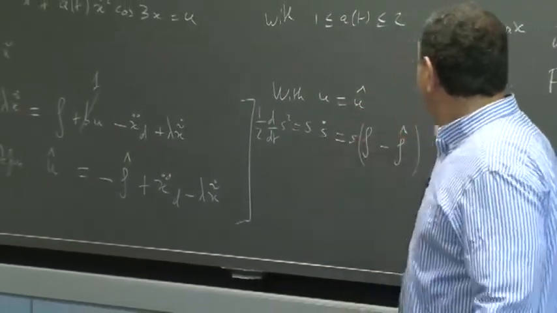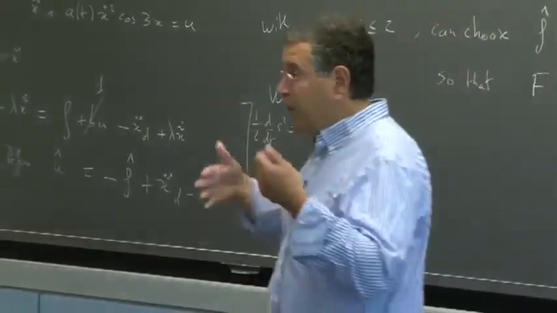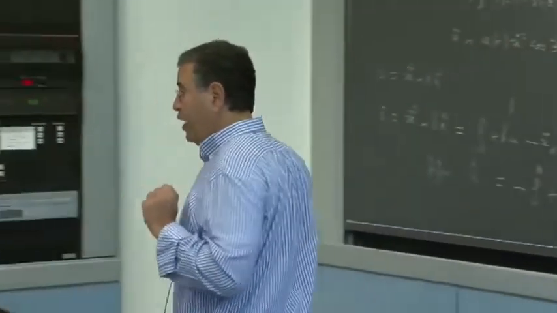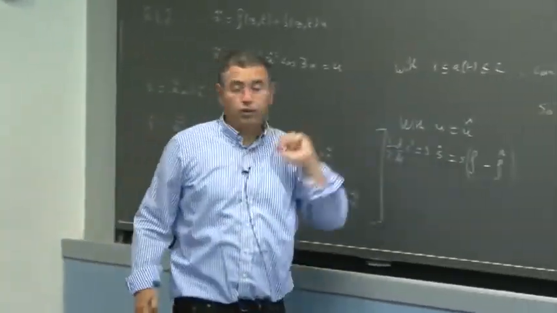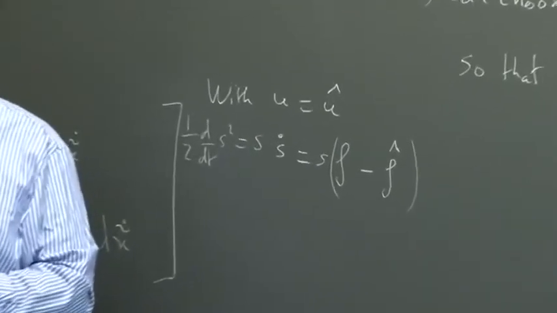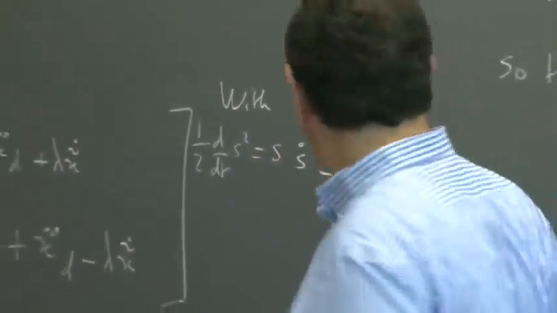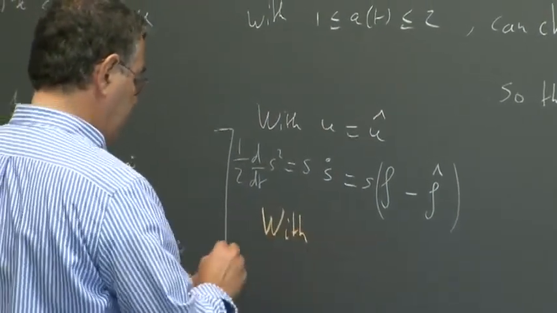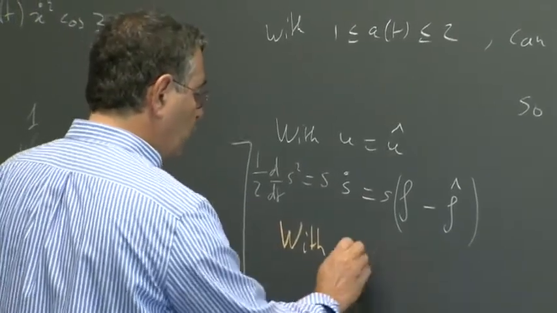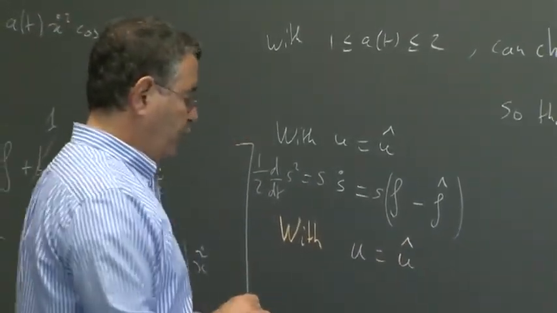So if we just apply u equal u hat and compute this quantity, which we would like to be less than minus eta absolute value of s, well, we see that that's not good enough. So we have to do better than that. Let's add something to u, so u equals u hat plus an added term.